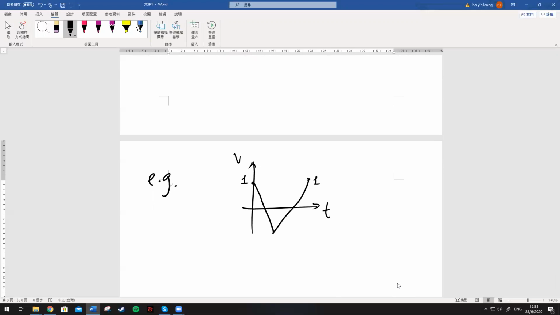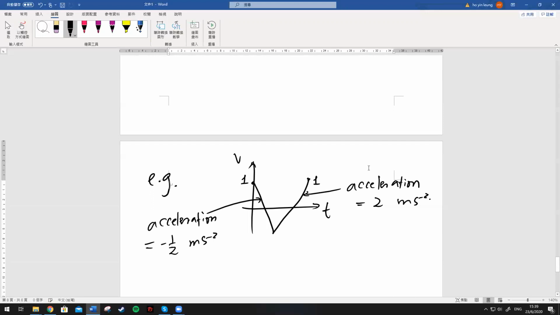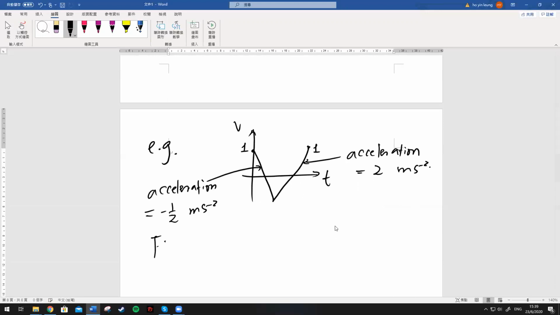And we also know that, for example, the acceleration here equals 2, and the acceleration here equals, for example, -1/2. So these are the conditions given. Let me give the units here. And then the task again is to find the total displacement.